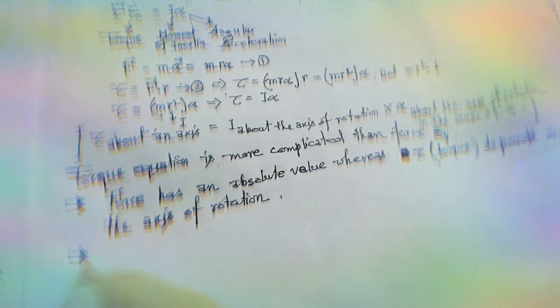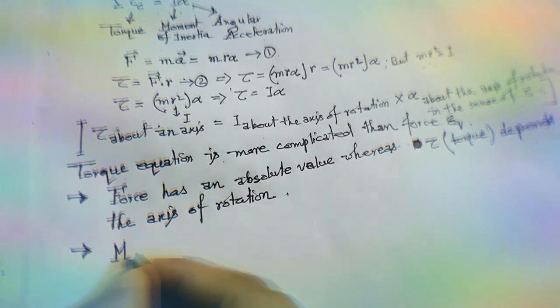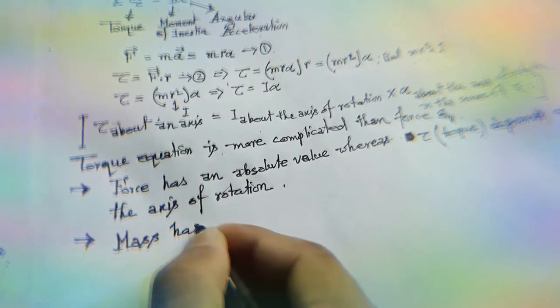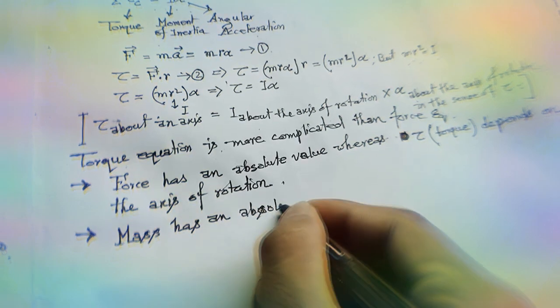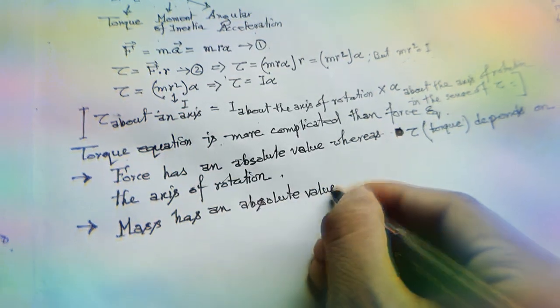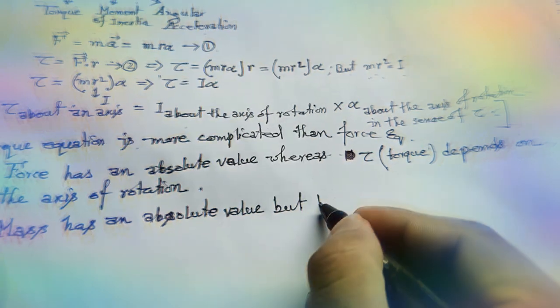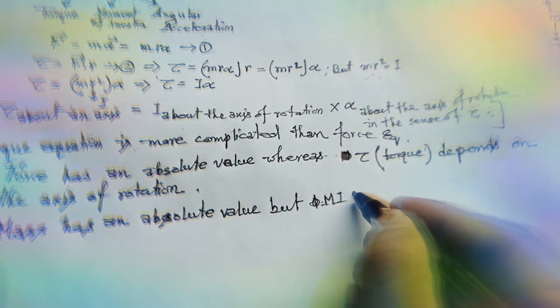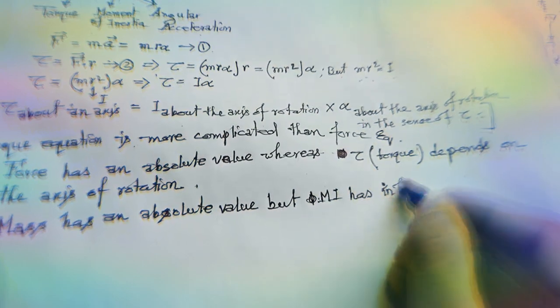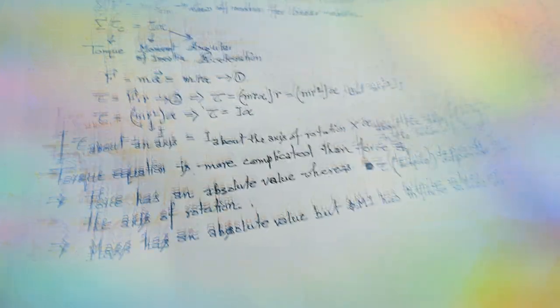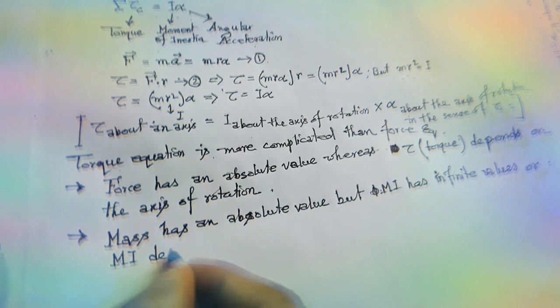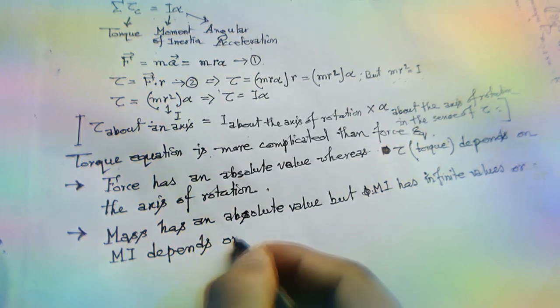And the second reason is mass has an absolute value, but moment of inertia has infinite values, or moment of inertia depends on the axis of rotation.